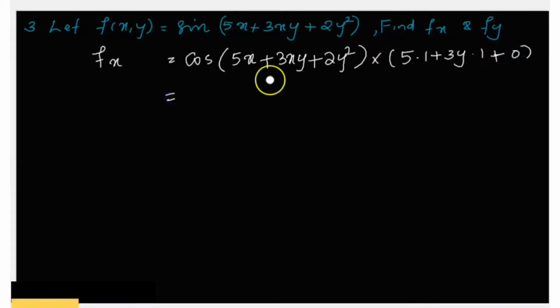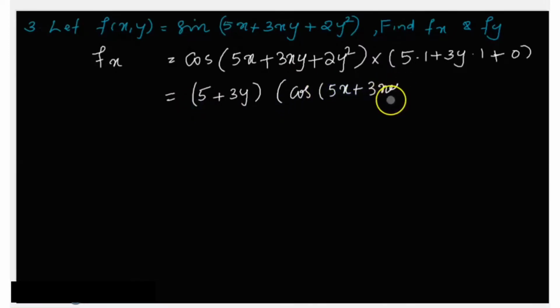So this is equal to, what do you get? 5 into 1, 5, plus 3y into 1 is 3y, into cos of (5x + 3xy + 2y²).